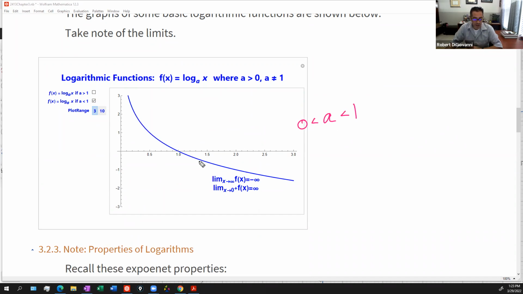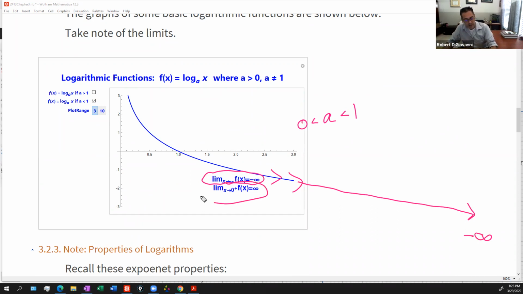So now it changes. As we go to infinity, go out to the right, this thing keeps going down forever, heads towards negative infinity. Slowly, but it goes that way. As I head to 0 from the right, now it takes off to positive infinity. All right.